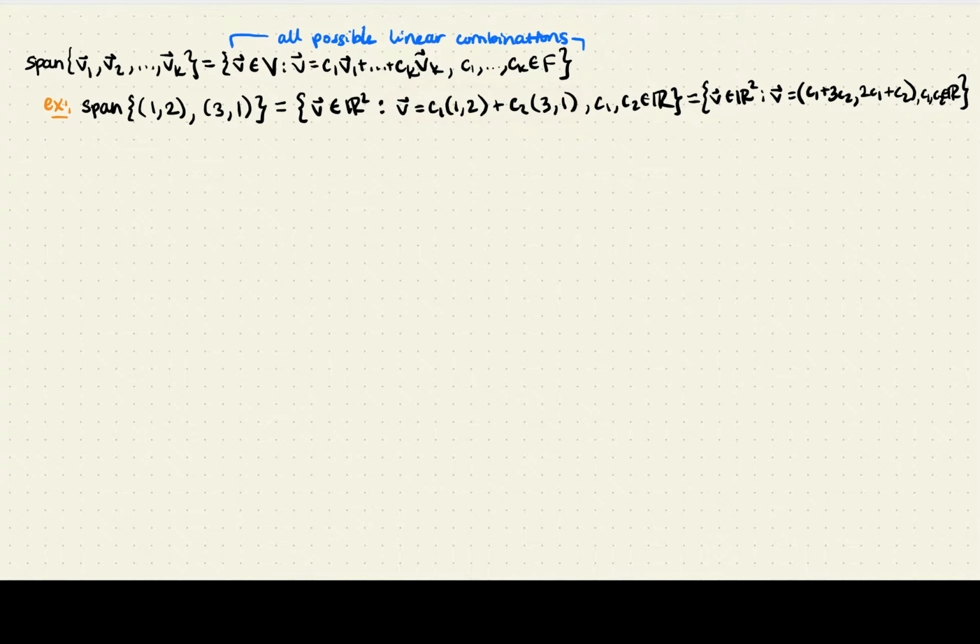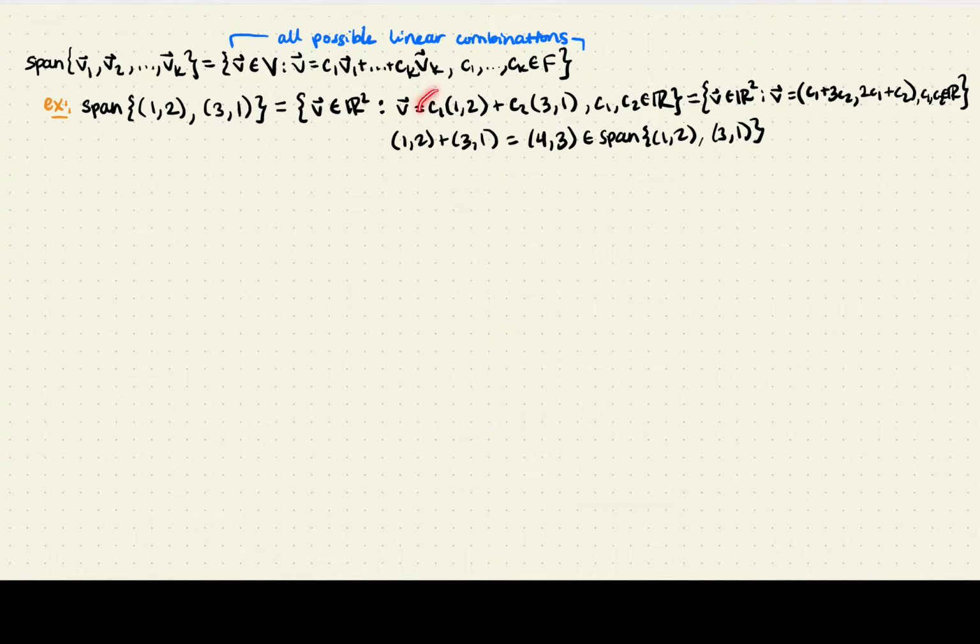For example, if C1 were 1 and C2 were 1 as well, we could say that 1, 2 plus 3, 1, which gives us 4, 3, is in the span of those two vectors because I can write it as a linear combination of them.